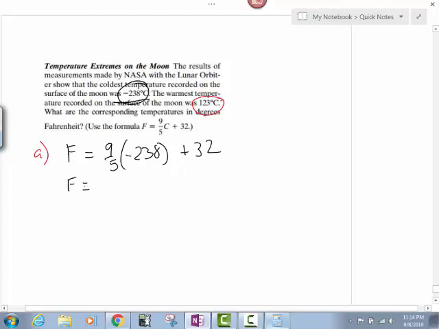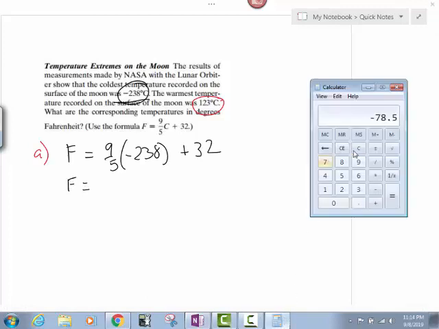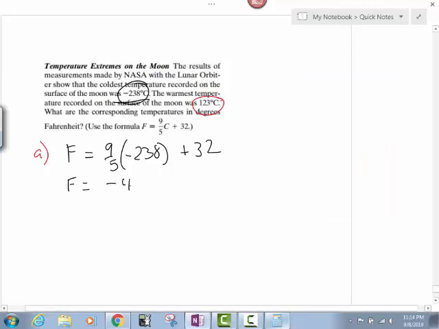So let's go ahead. I'm going to take my calculator, and just like we did earlier, I'm going to write 238. I want it to be negative. I'm first going to multiply it by 9, and then I'm going to divide it by 5, negative 428.4. So negative 428.4, okay, plus 32.